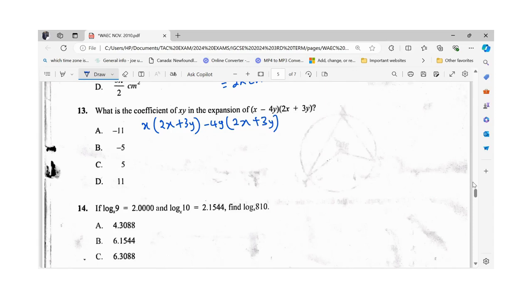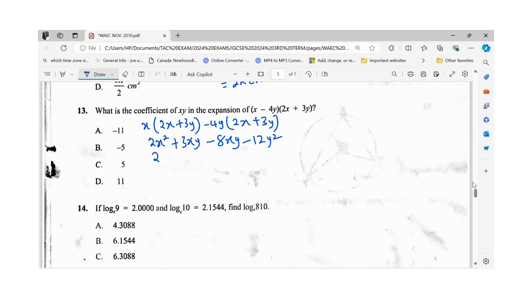So now when we clear the bracket, this is 2s squared. s times 3y is 3sy. Minus 4y times 2s is minus 8sy. Minus 4y times plus 3y will give us minus 12y squared.